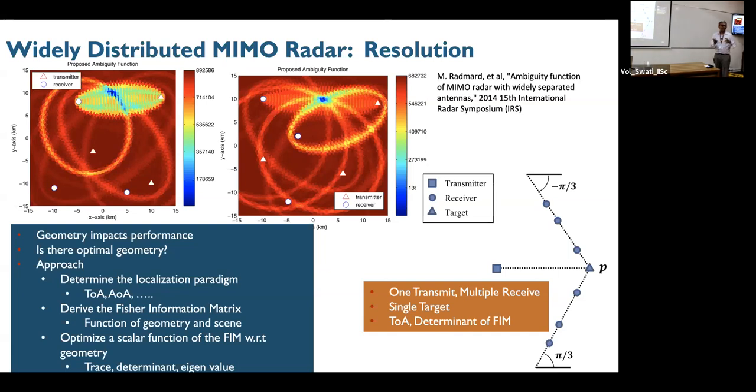Sometimes you look at a single target Cramér-Rao bound. Sometimes you look at a two target Cramér-Rao bound, then you get a better feeling, because a multi-target Cramér-Rao bound becomes quite difficult to handle. So you play around with something that is also mathematically tractable. The Cramér-Rao bound in this case is typically a matrix, so you come up with some scalar value representation of the matrix, either through the trace, determinant, or minimum eigenvalue.